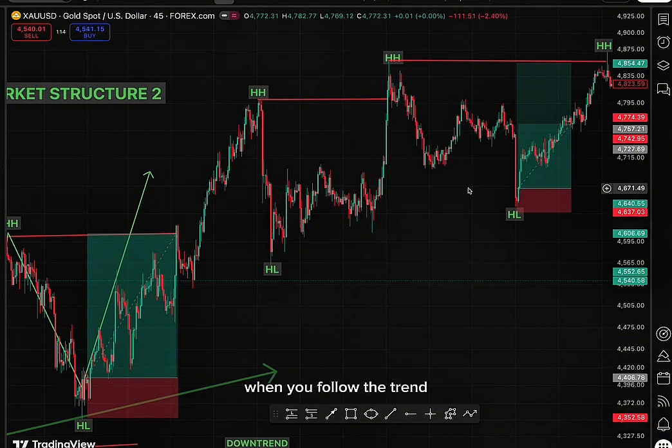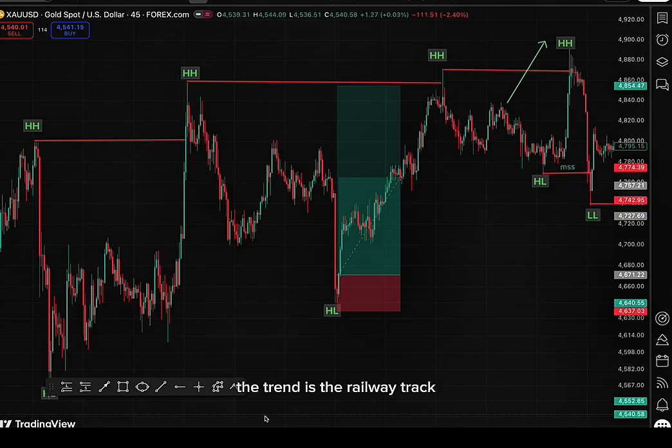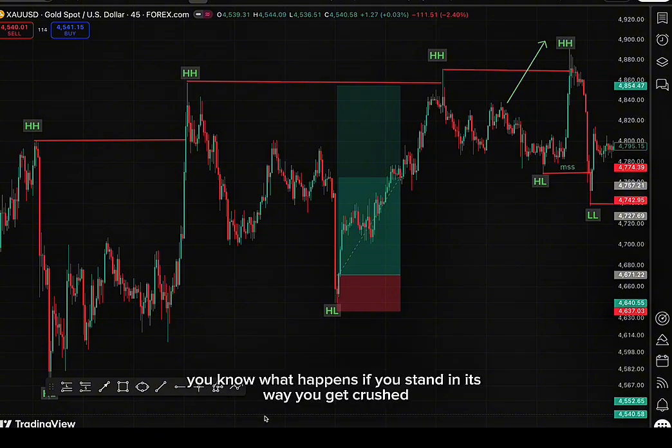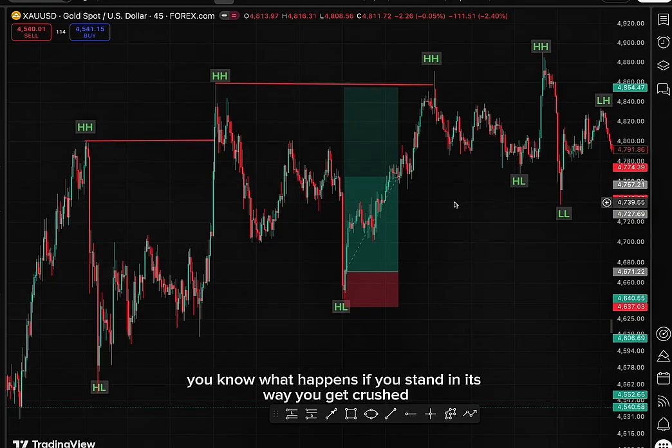When you follow the trend, you have high probability setup and good risk to reward. The trend is the railway track, and the price is the train. As long as the train stays on the track, it keeps moving in the same direction. Trading with the train is like riding the train instead of standing in its way. You know what happens if you stand in its way? You get crushed.